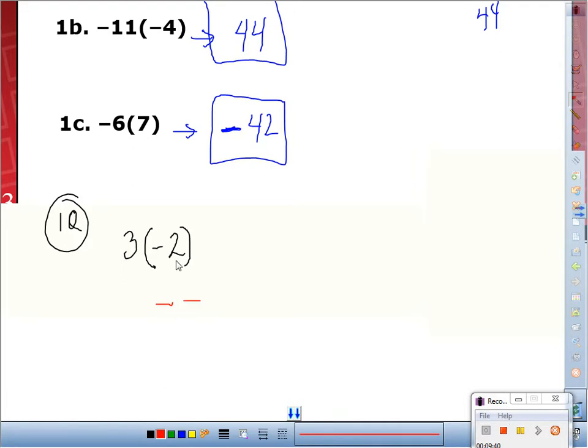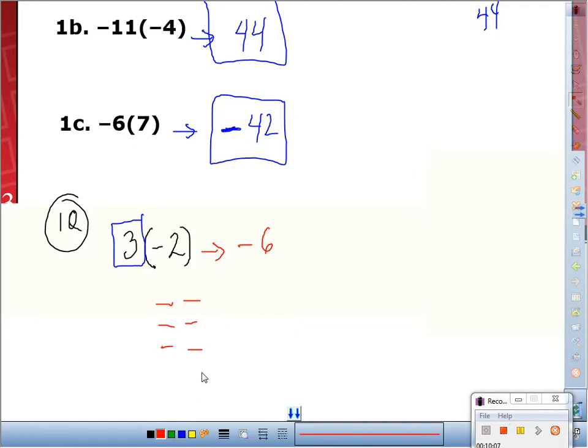However, this number is going to tell us how many times we repeat that. So how many times are we going to repeat negative 2? 3. So it's negative 2, negative 2, negative 2. Therefore, what do you see? Do we have any zero pairs? No, so what do you see? Negative 6.